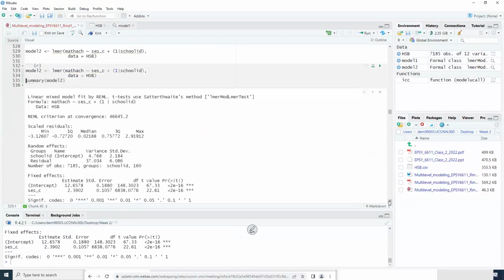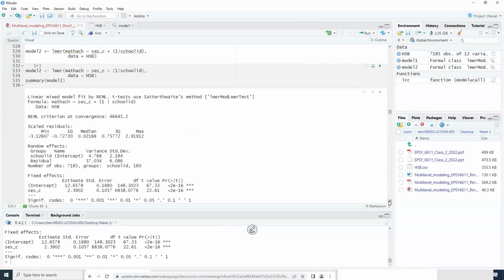Okay, there it is. Then I'm going to get this output. So now the 12.66, that intercept is actually predicted math achievement, or expected math achievement, when SES is at the overall mean, because I grand mean centered SES. It's when SES is 0, but SES is 0 at the overall mean.